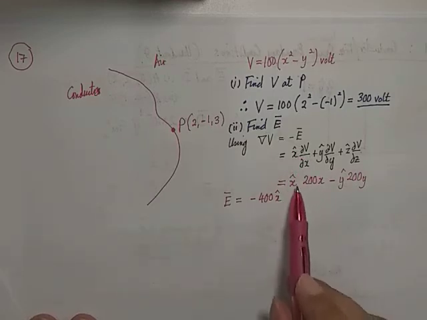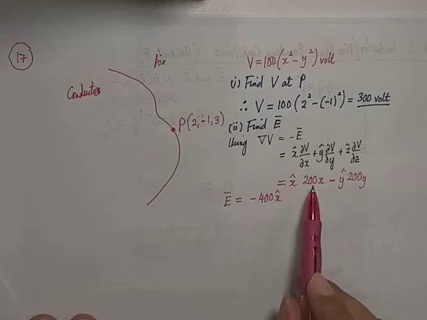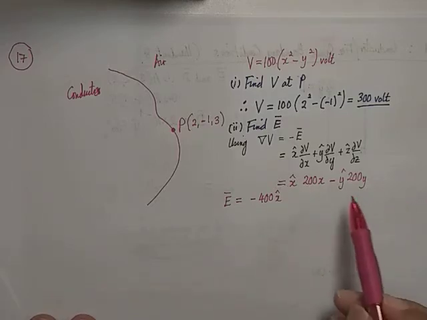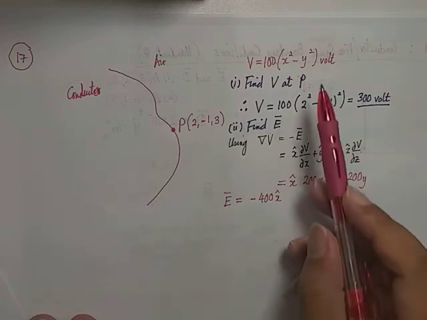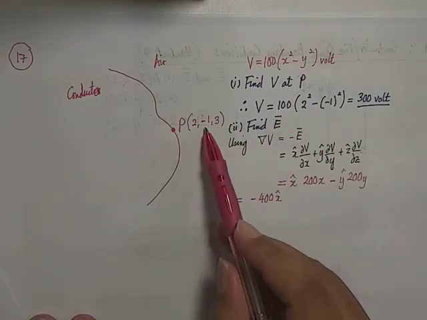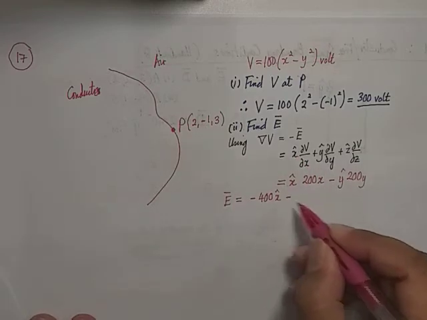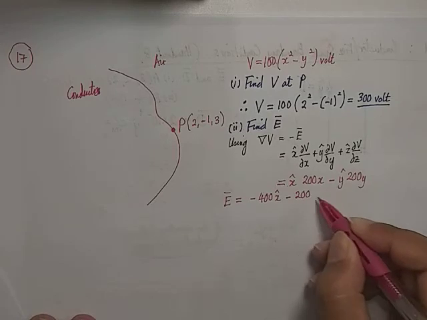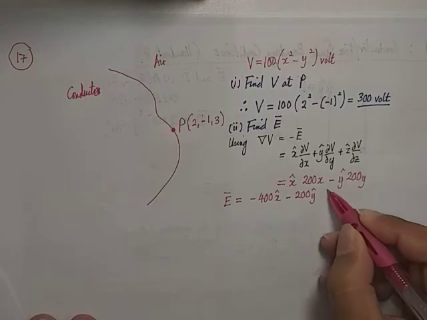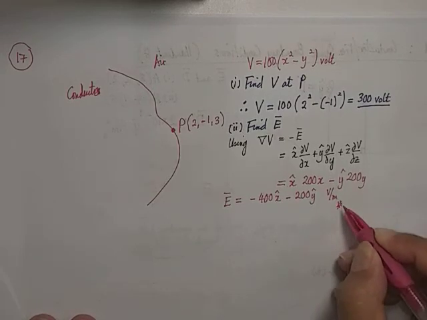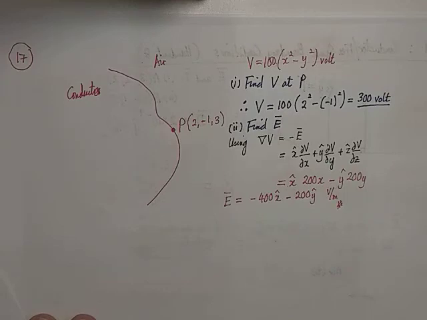Because you put the negative there and x equal to 2: 2 multiplied by 200 becomes 400, and the negative is there. How about the y? Negative and negative, because P has y equal to negative 1, should be positive, and then you put the negative there, so negative 200 in the y direction. The unit should be volt per meter. That should be the solution of our mathematics. Is it correct, or should it be plus?